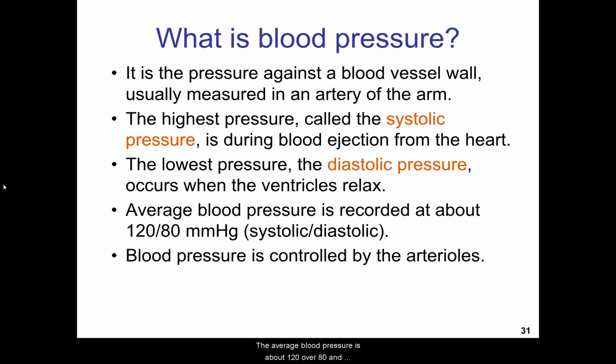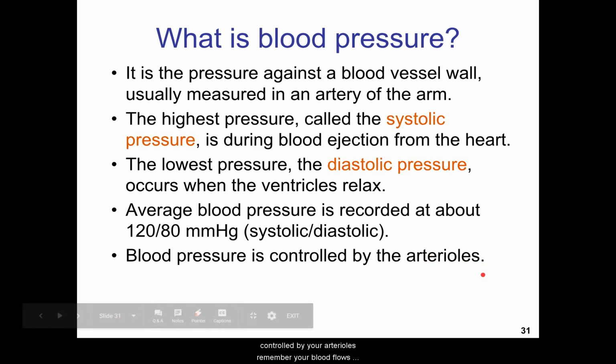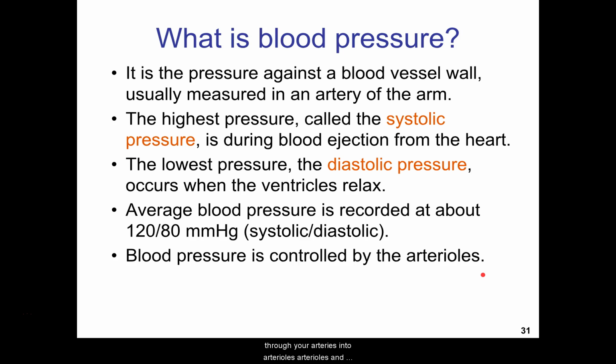The average blood pressure is about 120 over 80, and lower than that or in that range is going to be considered healthy. Much higher than that is what's going to be called hypertension or prehypertension. I also wanted to tell you that blood pressure is controlled by your arterioles. Remember, your blood flows through your arteries into arterioles, and then from those arterioles into capillaries, from the capillaries into venules, from the venules into veins.